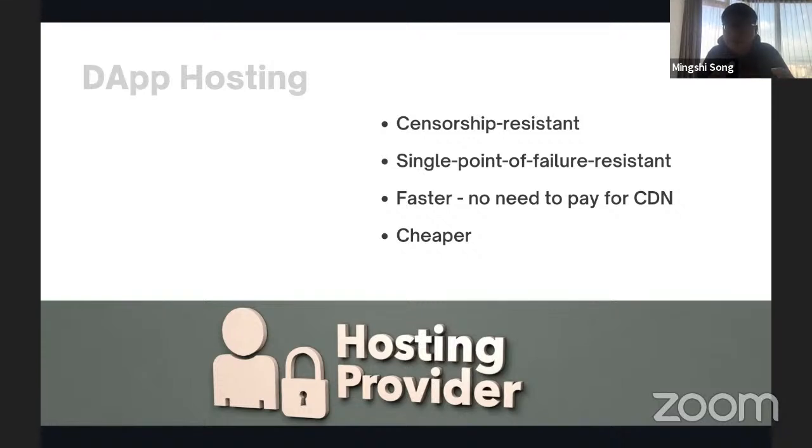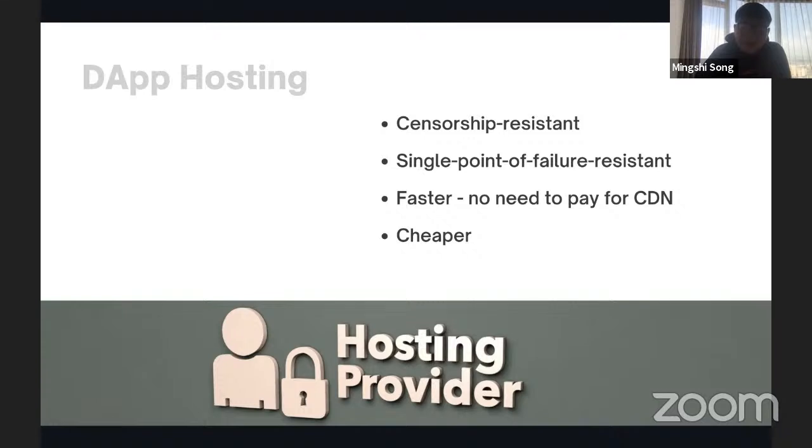The most widely used solution to this is CDN. However, Crust network itself provides CDN. So the access speed is fast for users all over the world because they will access the content on the node nearest to them. And the fourth benefit is that it is cheaper.